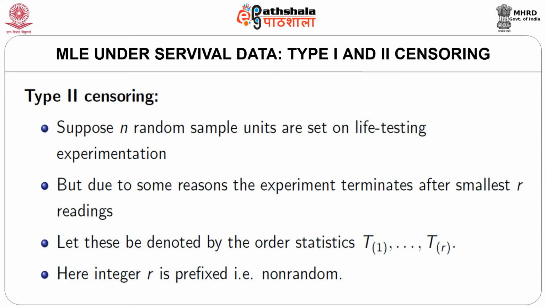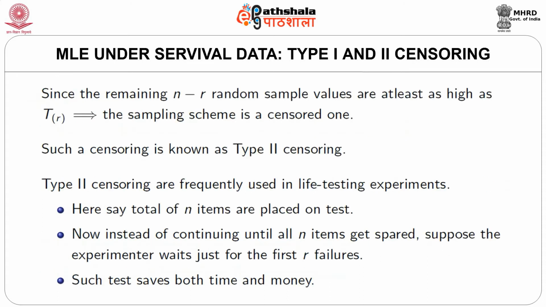Here the integer r is non-random and prefixed, to be decided prior to the experiment. And since the remaining n minus r random sample values are at least as high as t order r, this implies the sampling scheme is a censored one. Such a censoring is known as type 2 censoring.